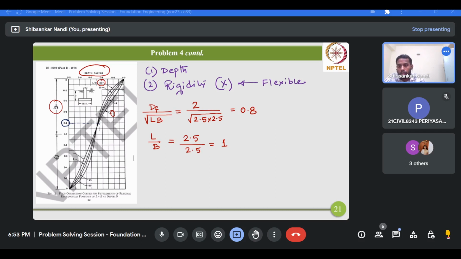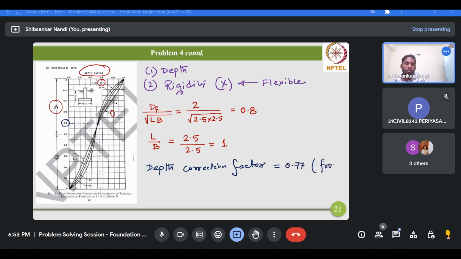So it will be almost in between 0.75 to 0.8. So 0.75 to 0.8, so this depth correction factor we can take as 0.77.